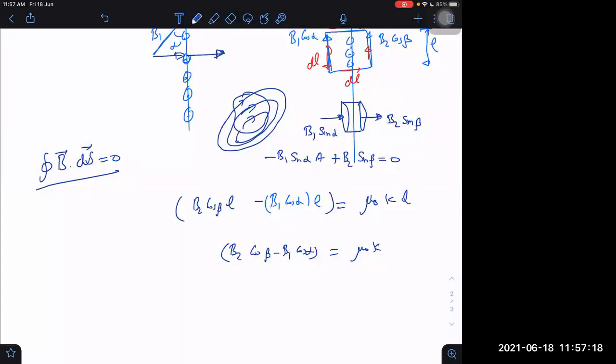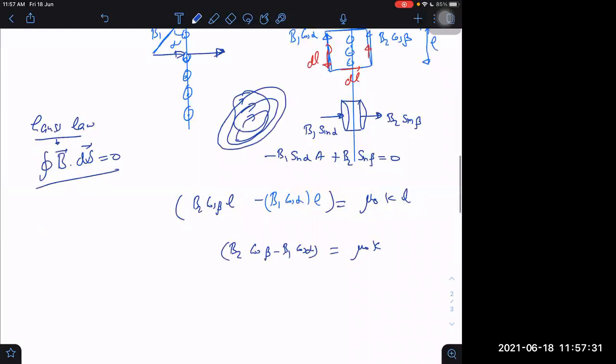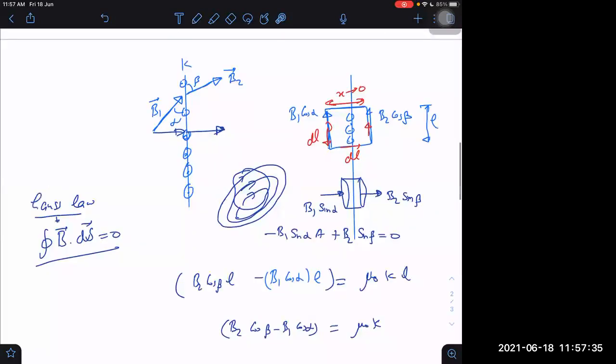Therefore, understand these two important laws here. One is this Gauss law, and the other one is Ampere's law. Gauss law in magnetism, I think you are studying for the first time. Please understand it. Although I said it before in a different way, I said that magnetic field lines will be forming closed loops, and that it cannot happen that magnetic field lines, for example, are entering differently and exiting differently.